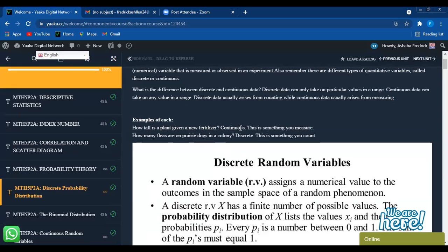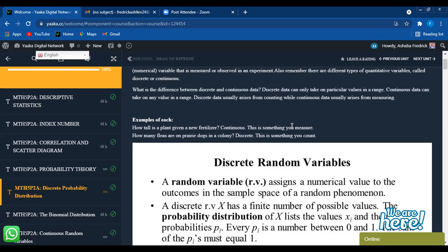That is continuous, something you can measure, so it keeps on increasing. Then, how many fleas are on parry dogs in a colony? That is discrete. Something you can count is discrete.